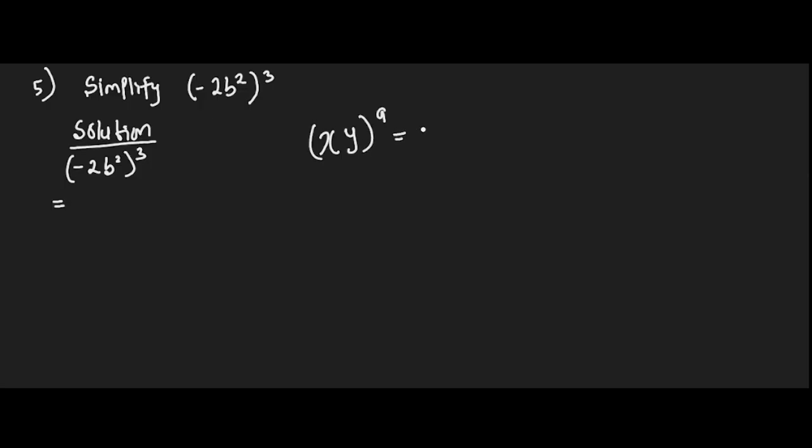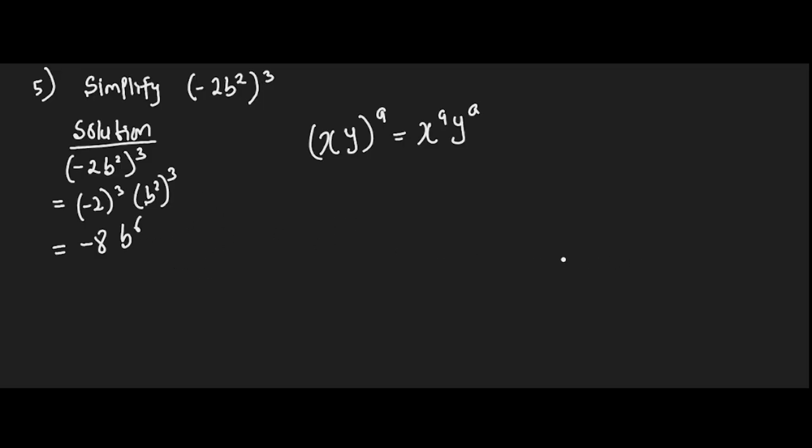This means whenever you have this, it's going to give us s raised to power a, y raised to power a. Now having that, that means we are going to have minus 2 raised to power 3, b raised to power 2, raised to power 3. Here, minus 2 raised to power 3 is going to give us minus 8. This is 2 times 3. The power, you multiply the power of b here, 2 and the power outside, 3, 2 times 3 gives us 6, we have b raised to power 6.